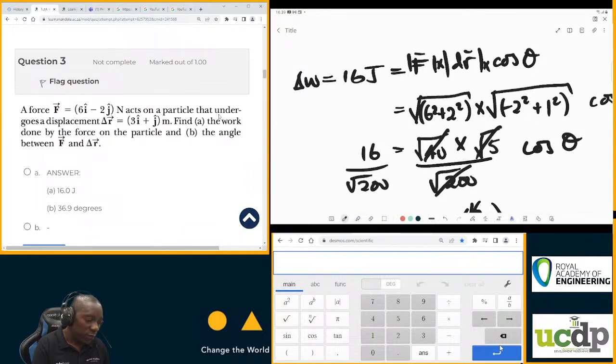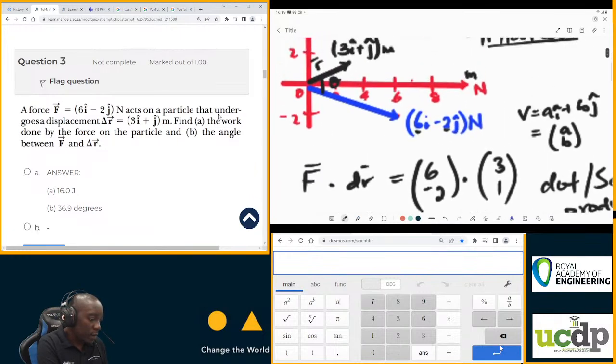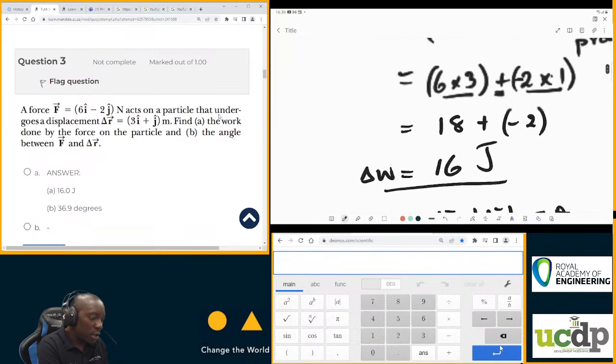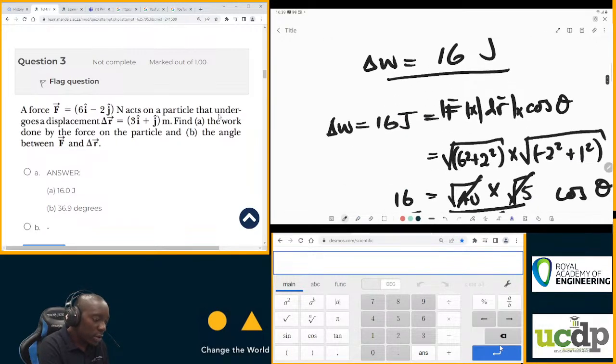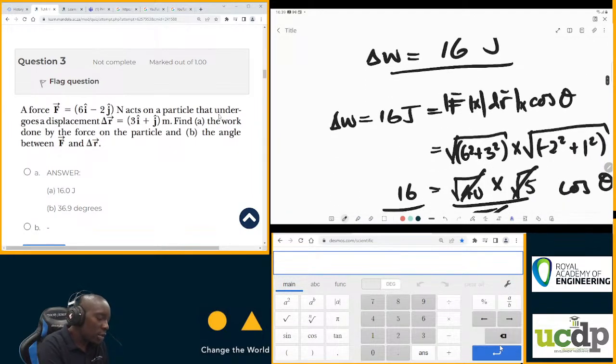Multiplied by 4 plus 1, 5 plus root 5 times root 5 plus 16 over... 6 and 3. Why did I put a 2 here? Sorry. So this is 6 and 3, so it's 6 squared plus 3 squared. That's 36 plus 9, root 45.